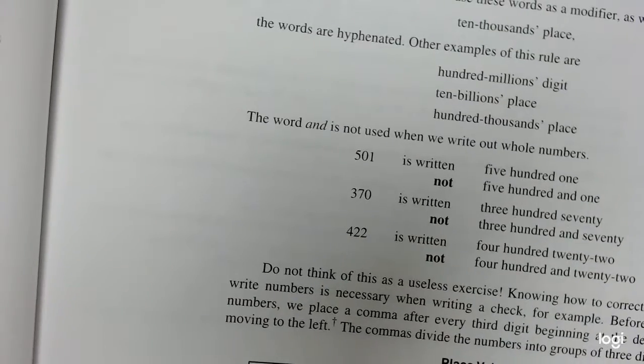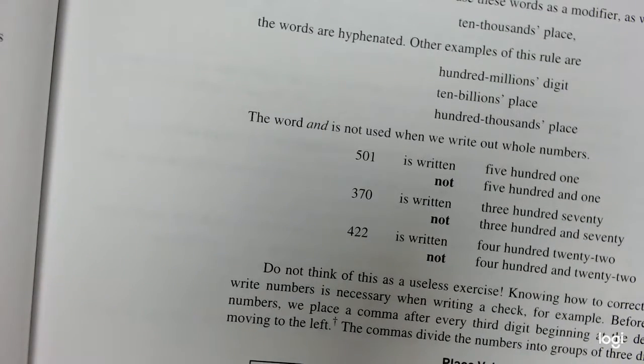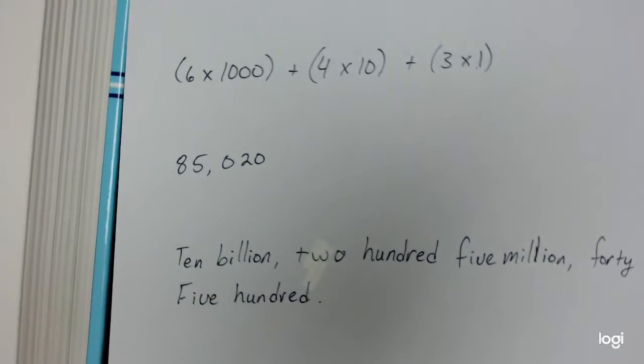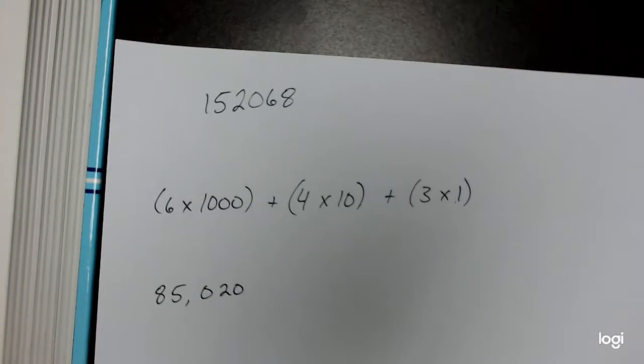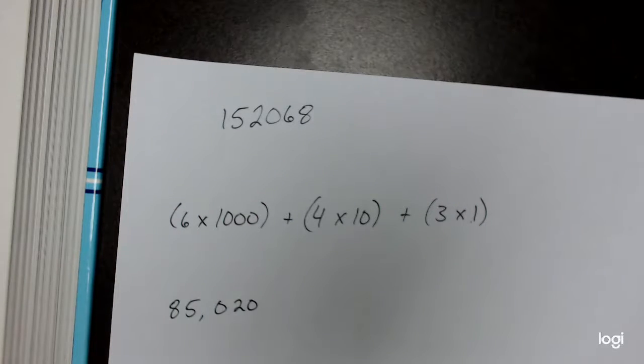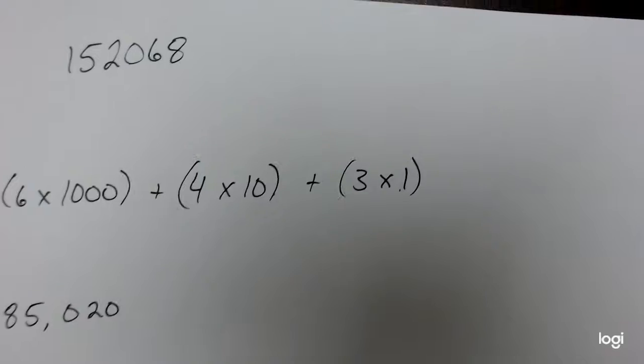Very quickly we'll go into a couple of examples based on expanded notation and place value. This first example up top has the number 152068. In the beginning of your book they're not going to add commas for you, which means you should add them on your own so you can keep track of what is happening.